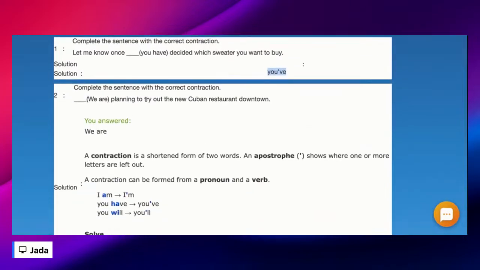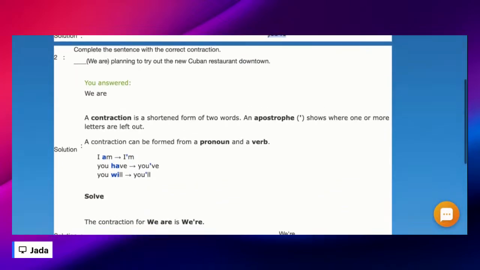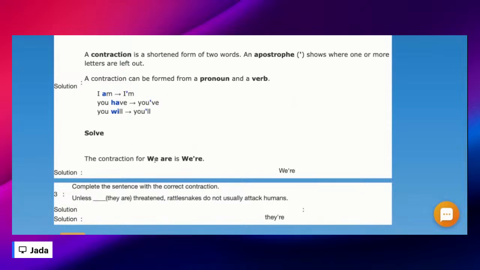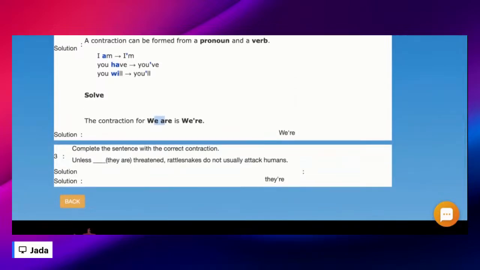We are planning to try out the new Cuban restaurant downtown. So we are is the longest version. You remove the a, and you have the shorter version of we are.